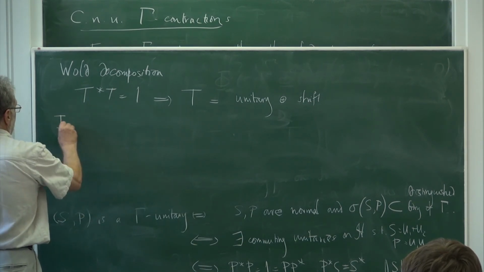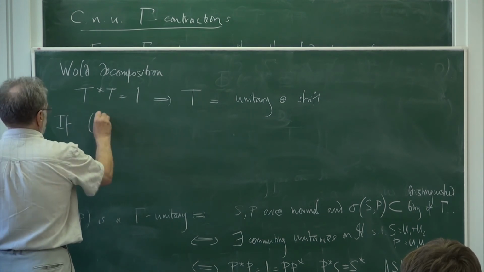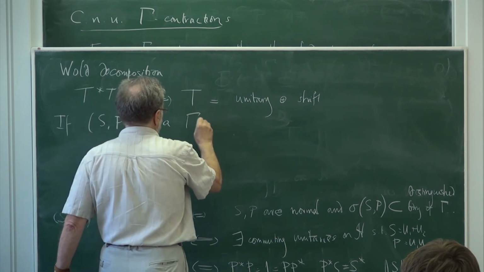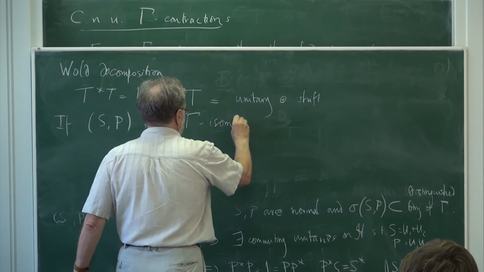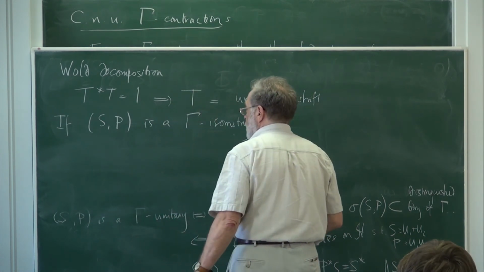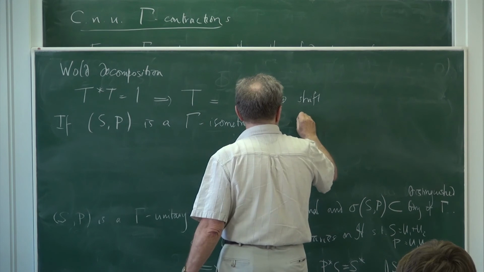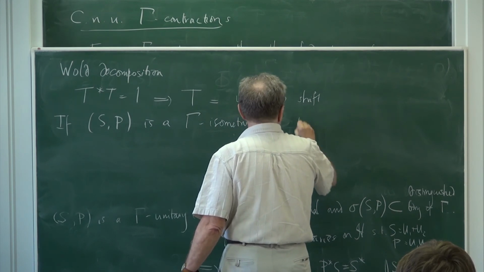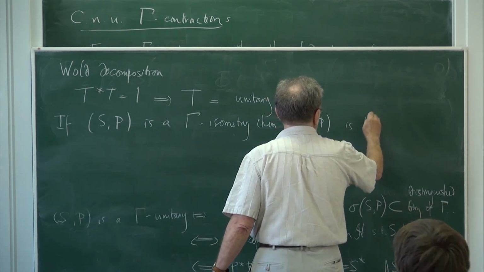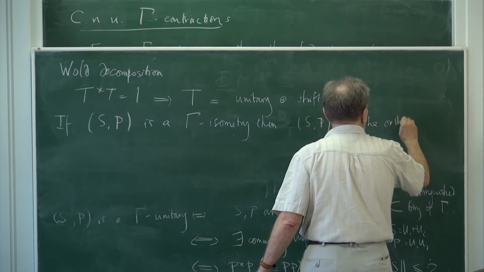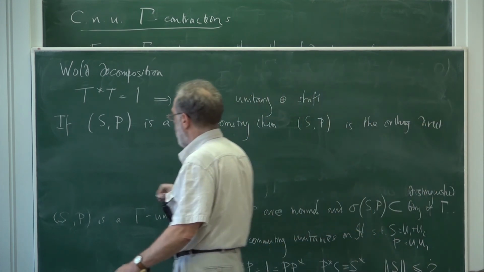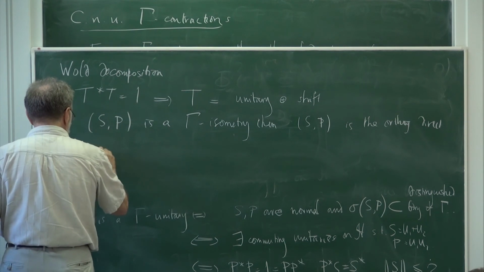So if S, P is a gamma isometry, then S, P is the orthogonal direct sum of what?